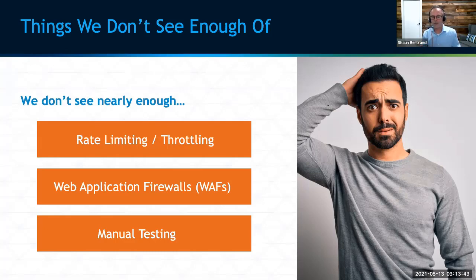WAFs, web application firewalls. Yes, they do make a difference. No, it's not the end-all be-all answer. We also see WAFs doing a great job, whether it's something on-prem, in-line, or round robin with something like Cloudflare. They do a great job of identifying malicious probing.